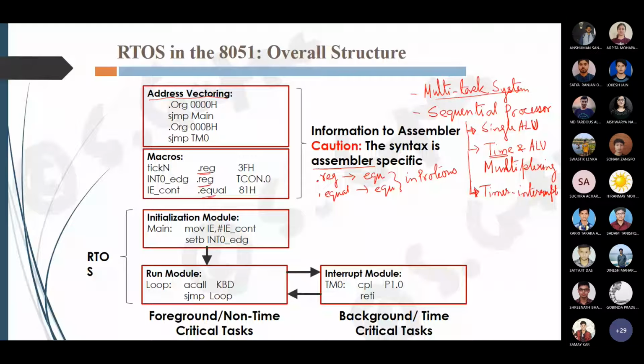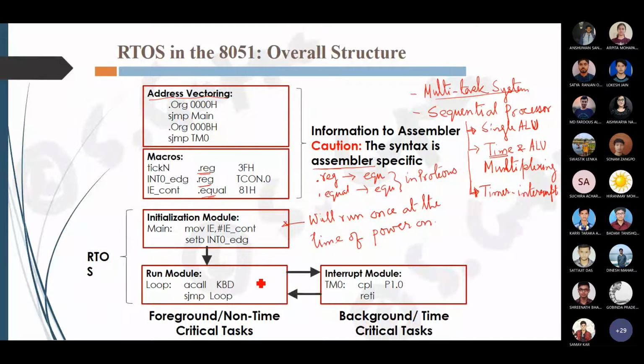Now we have the initial module, where this part of the code will run once at the time of power on. And then we have an infinite loop.